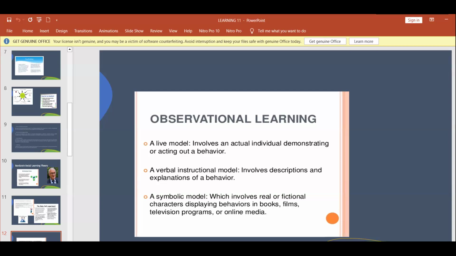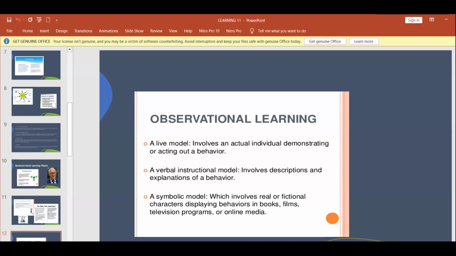Symbolic models. Maybe you are all young and you all are following fashion, right? So these fashions that you're following on Instagram, you observe them and accordingly you learn how to do your fashion. They are symbolic models. But if you look at the classroom context, how this is applied in the classroom, a live model, the teacher herself is a live model.